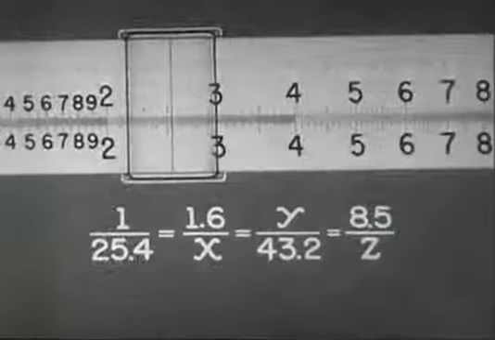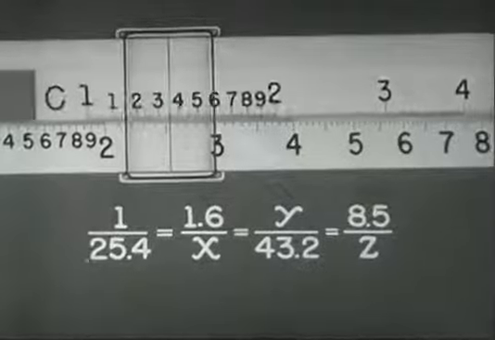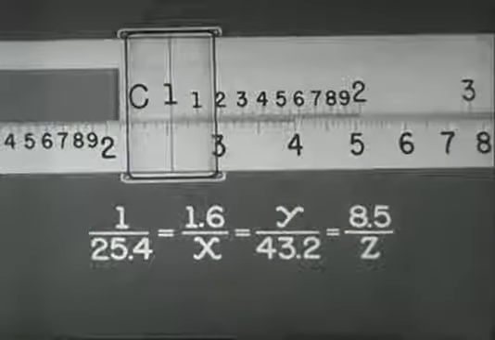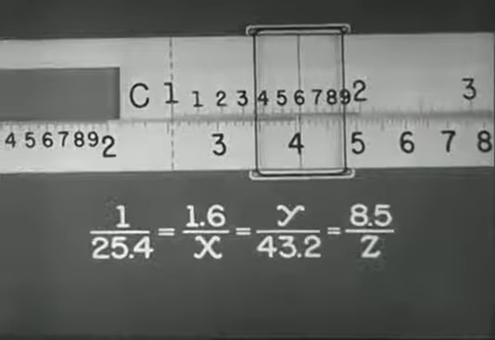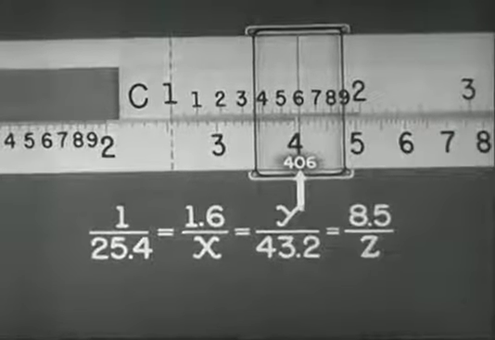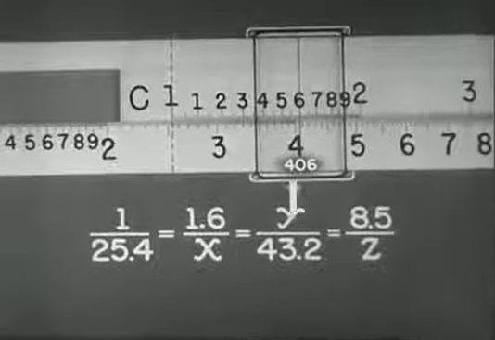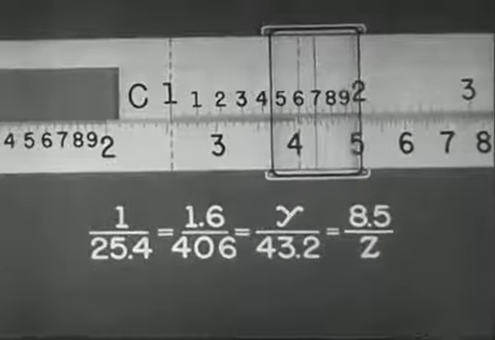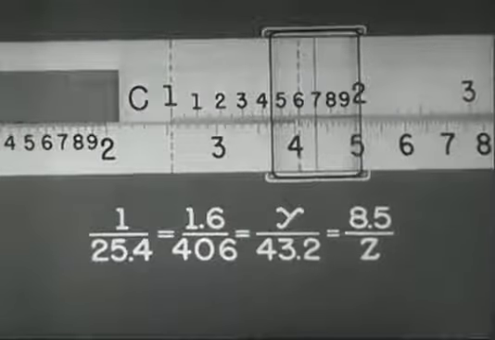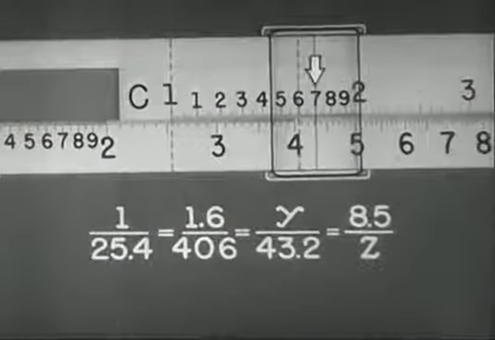To 254 on D, set 1 on C. Move the hairline to 16 on C and read x as 406 on D. Move the hairline to 432 on D and read y as 17 on C.